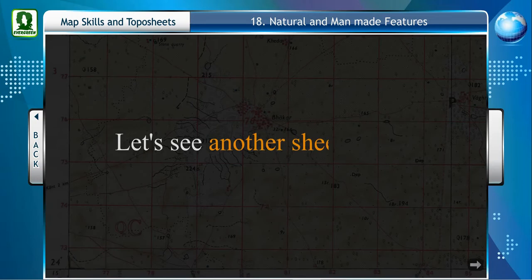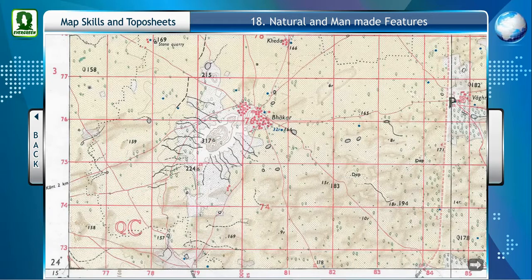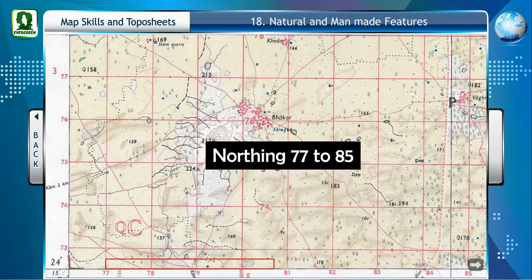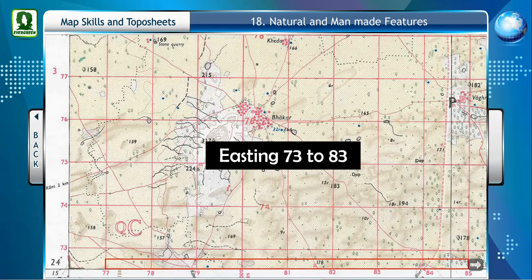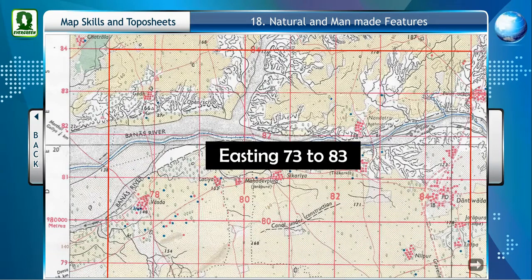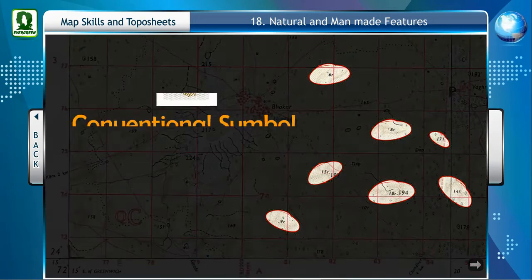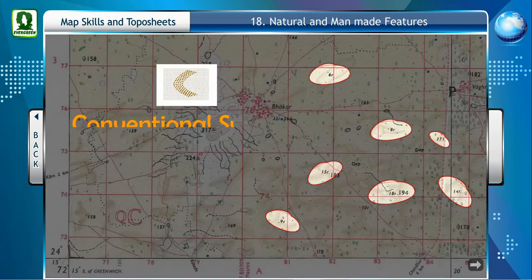Let's see another sheet to find natural features on that. See this region from northing 77 to 85 and easting 73 to 83 carefully. You can see a number of sand dunes on topo sheet as shown by conventional symbol.